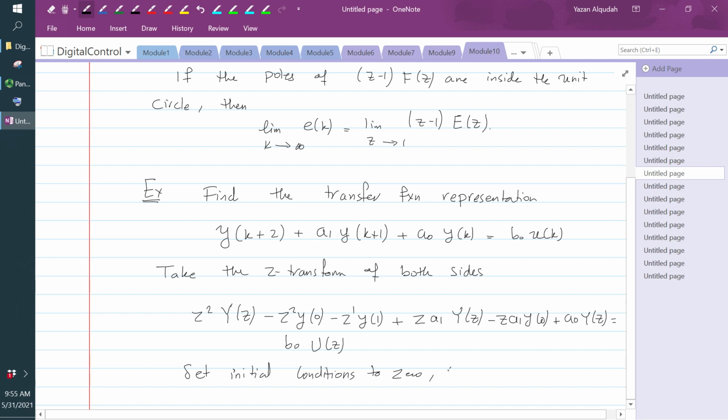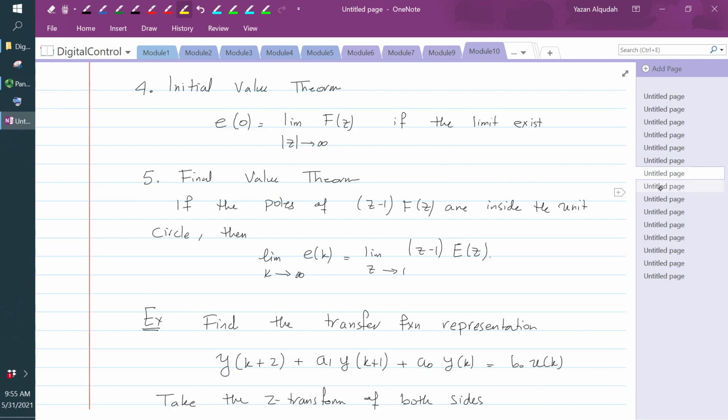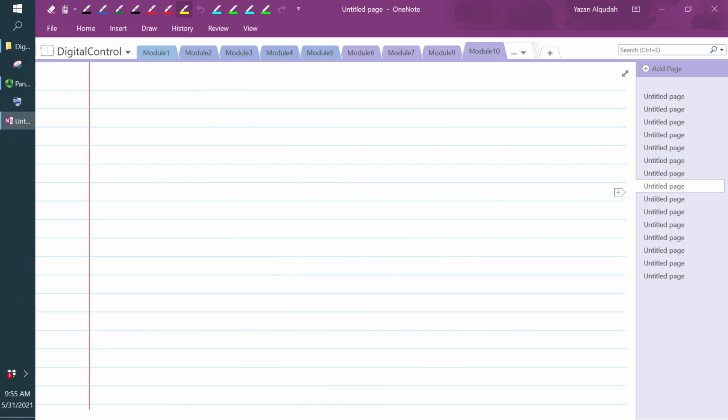And then we solve for Y(z) divided by U(z). So all these initial conditions that I wrote here, I'm just going to set them to 0. And therefore, I'm also going to solve for Y(z) over U(z).